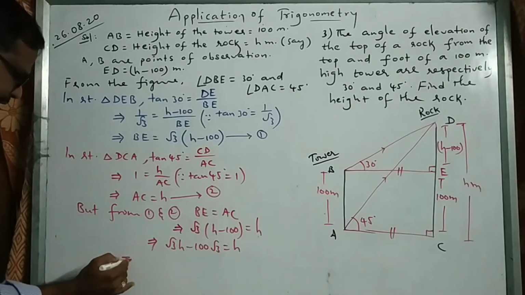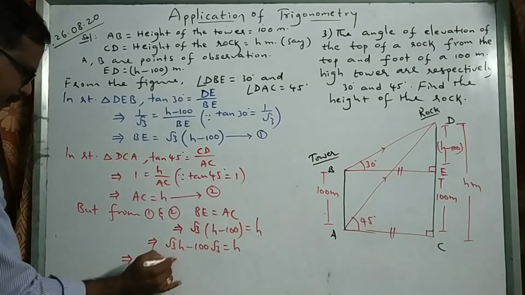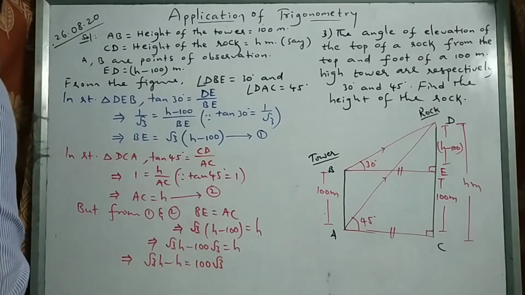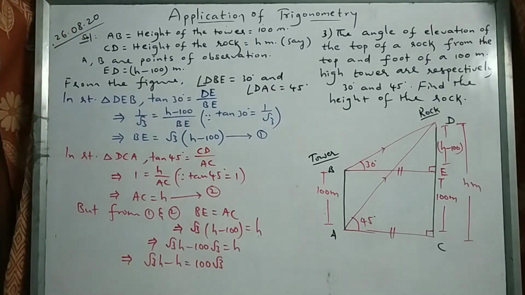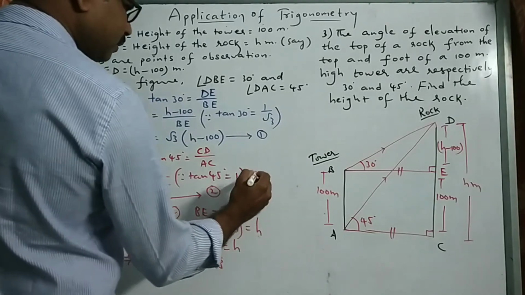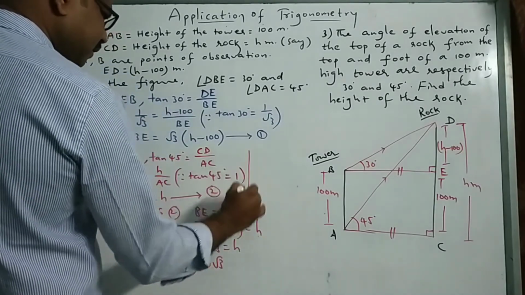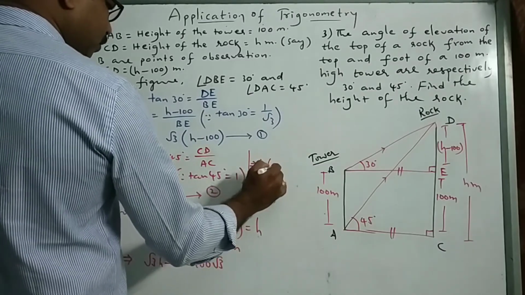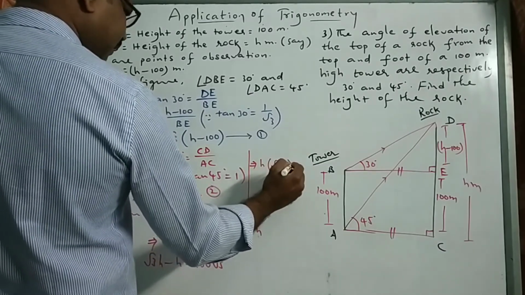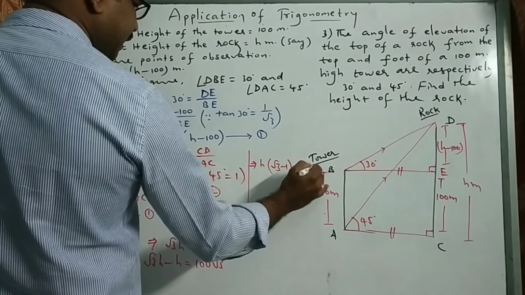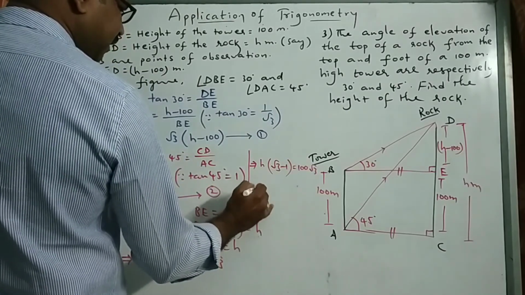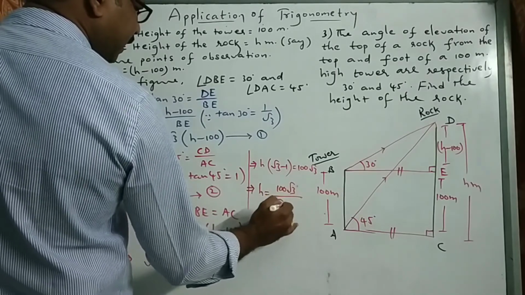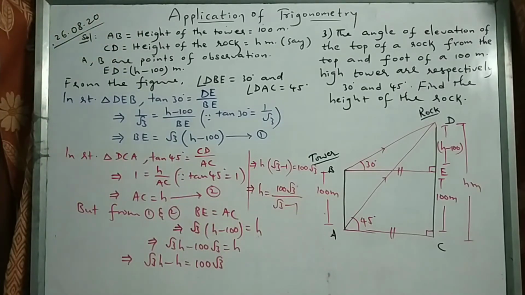h bring this side. Root 3 h minus h equal to 100 root 3. Okay. Take h common. So if you take h common, h into root 3 minus 1 equal to 100 root 3. So h equal to 100 root 3 by root 3 minus 1. Okay.